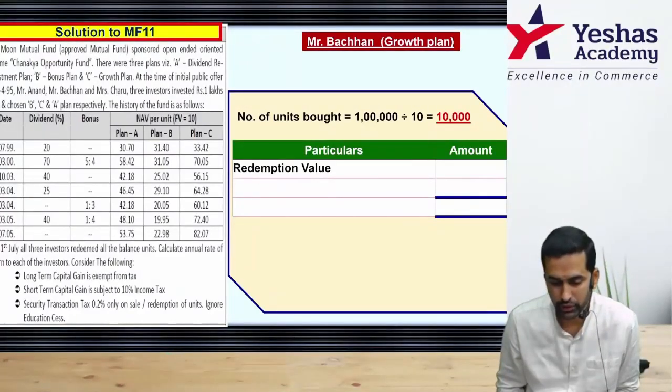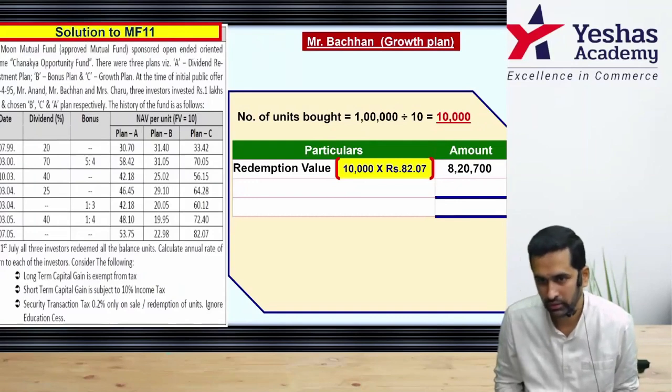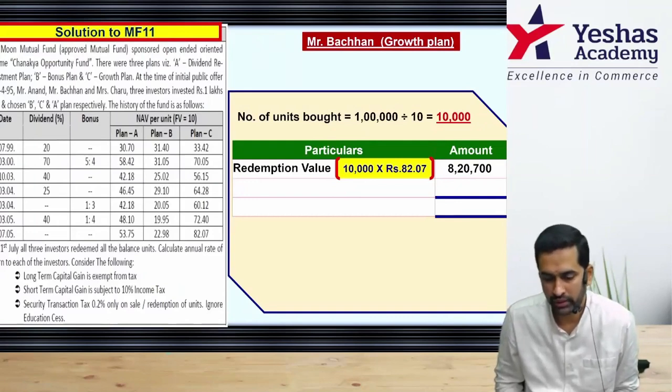How much is redemption value? All 10,000 units sold at 82.07. You have to take the correct NAV. Plan C NAV is 82.07.